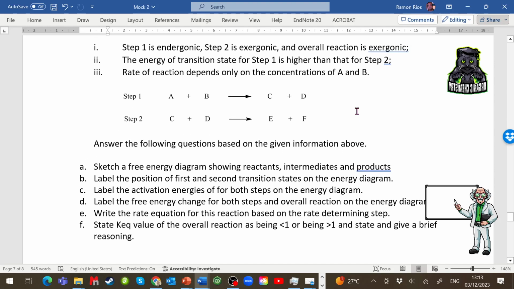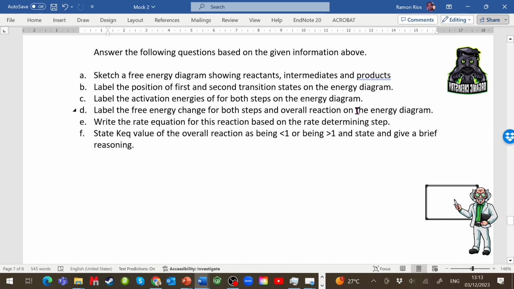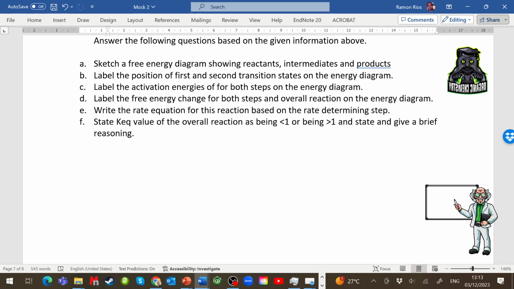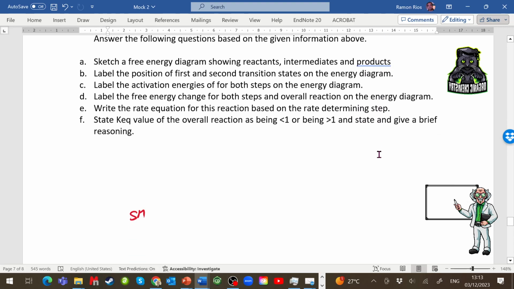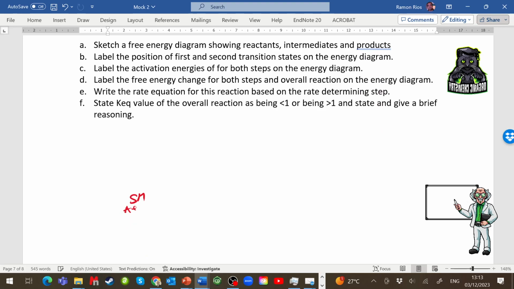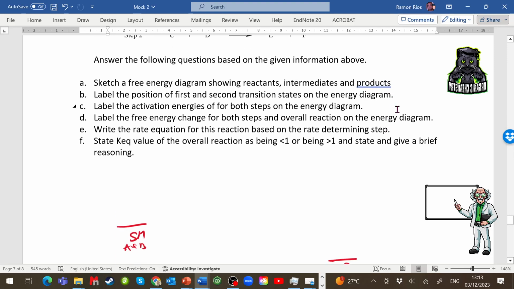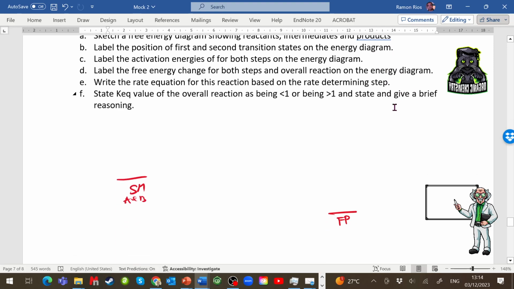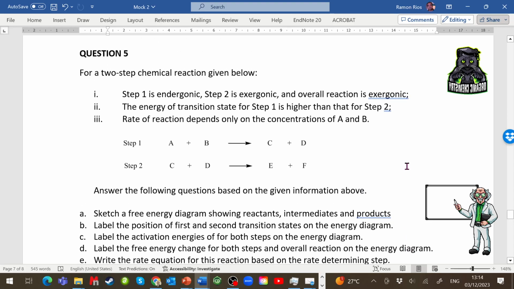Well, for the free energy diagram, we know that the overall reaction is exergonic. That means the starting materials, A plus B, will be more unstable than the final products of the overall reaction, that will be E and F. Then what we know is that the first reaction is endergonic.